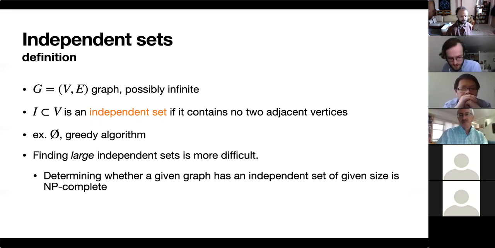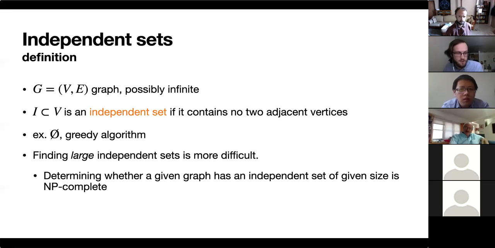Also, there is a natural greedy algorithm if you want to produce something larger than the empty set, which is to keep randomly choosing vertices and include them if you can do so without breaking the constraint, and stop when you can't choose any more.